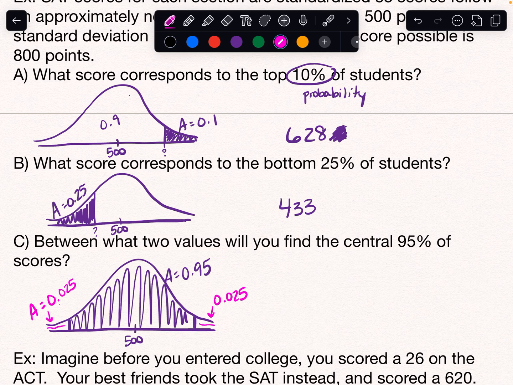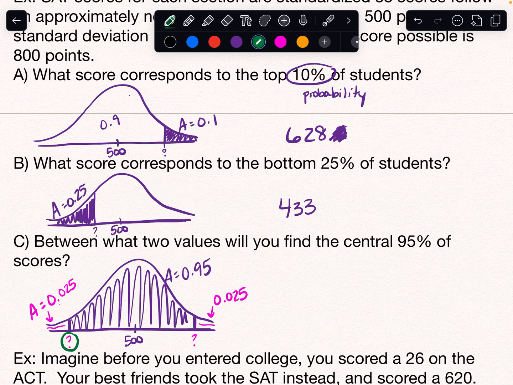Why we have to do that is that I want this data value and this data value, so I want the area to the left of each. If I focus on this one first, the area to the left is 0.025, and I want to find the data value at that point. So I do my inverse norm with 0.025 and the same mean and standard deviation.